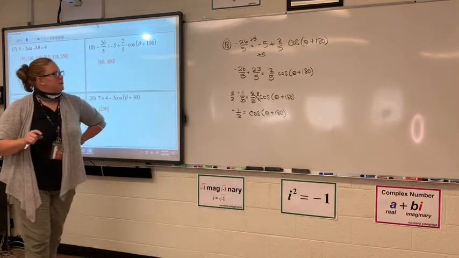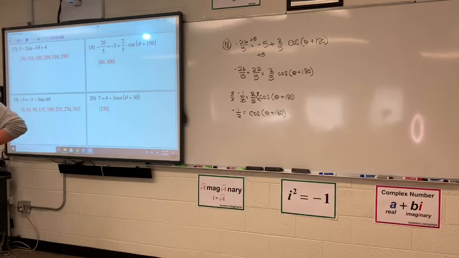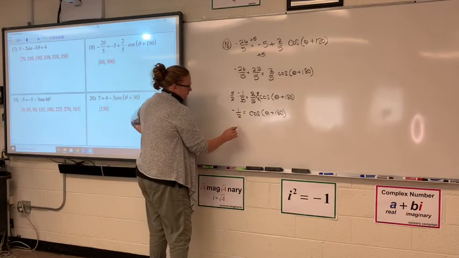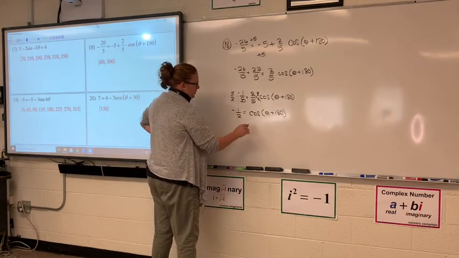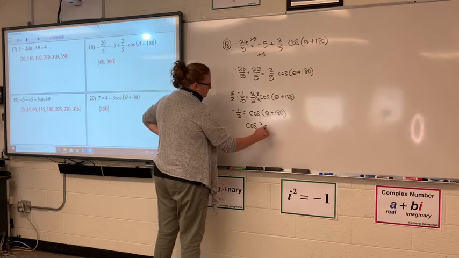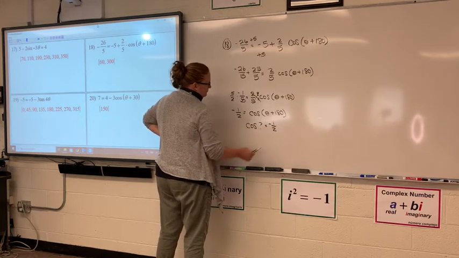All right, so we're looking at x being negative 1/2. So that would be what? And we're in degrees. So let me write it how I wrote earlier. Cosine of what is negative 1/2.